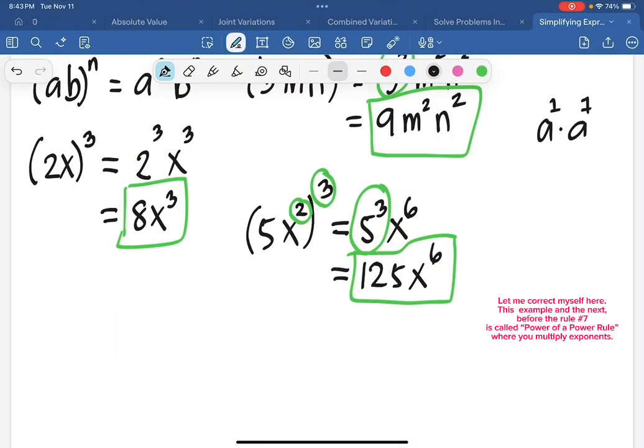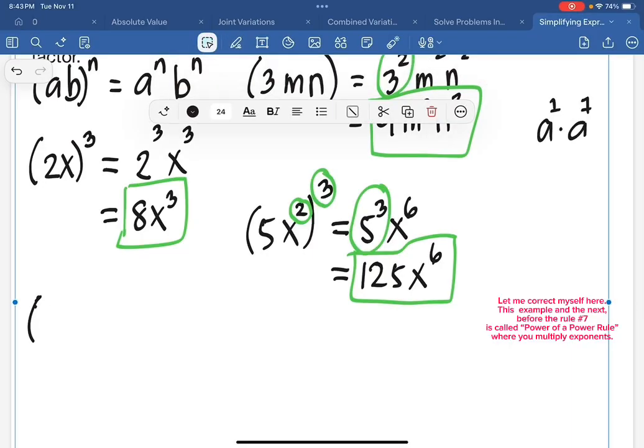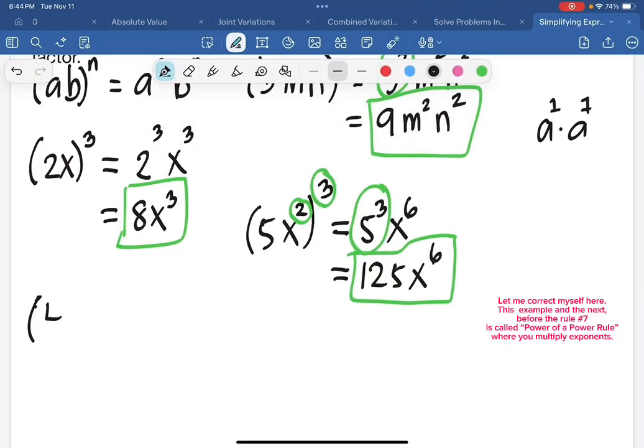Now, last example for this rule, let's have this one. a raised to 5, b raised to 3, and cubed. So again, we have this 4 cubed, so we distribute 4 cubed, and then an exponent has an exponent.